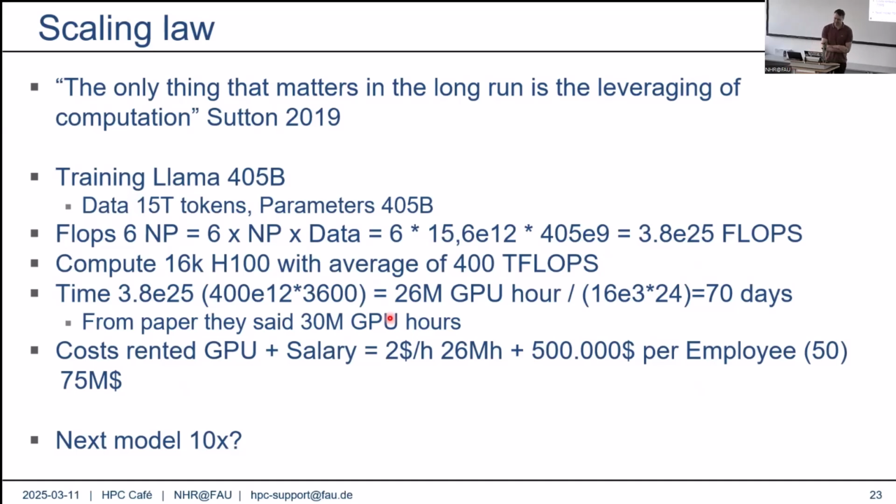And if we calculate all the salaries, let's say Californian salaries, you end up with a total cost of just training and developing this model of $75 million. So that's a little bit of the context. And now, what do we get next? So people suspect the next model will be 10x of what we have here. So you can think about how much this would be.